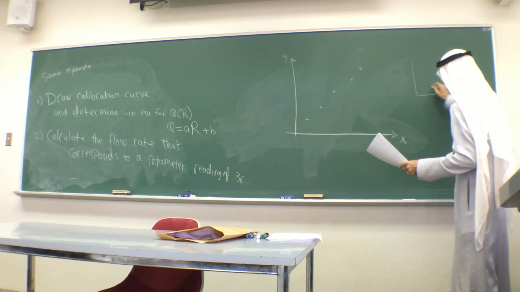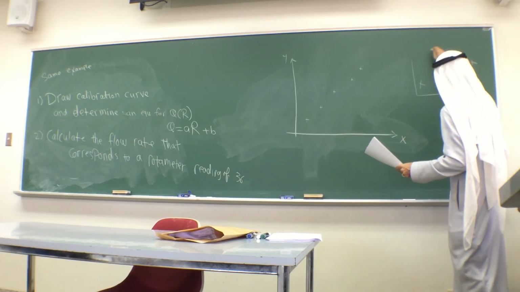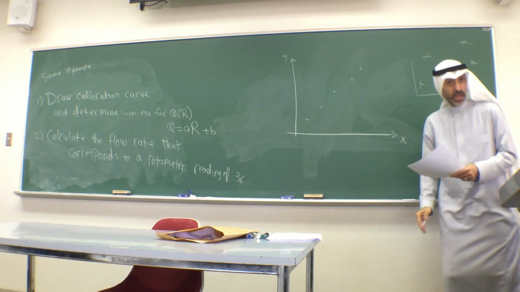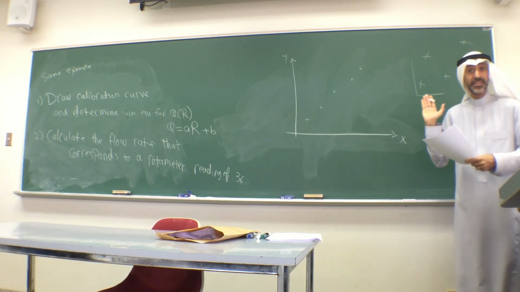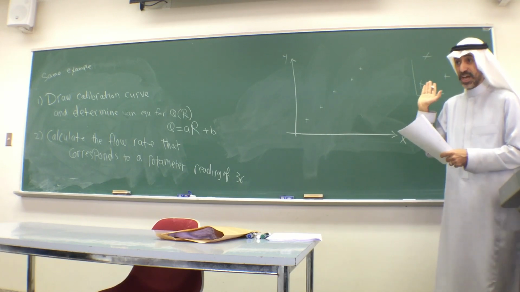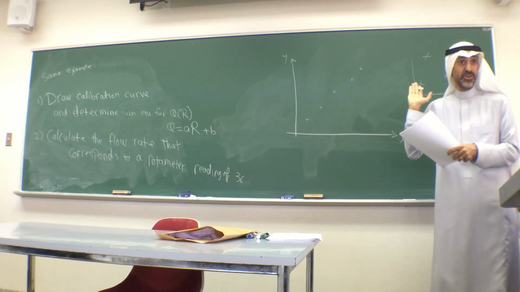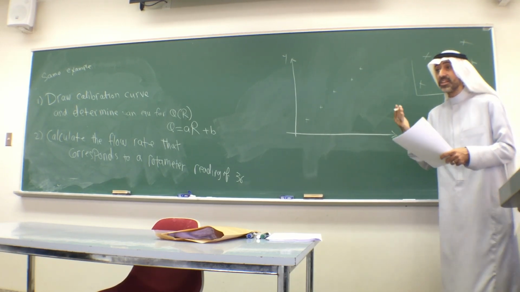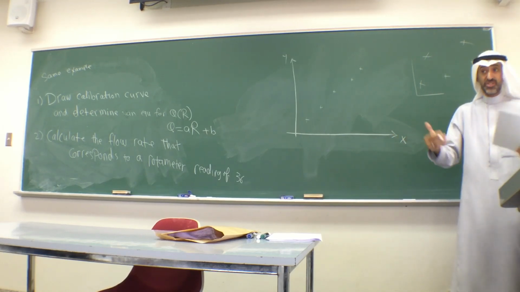Sometimes you will find the data is something like this. You can fit it, but do you think that this is a straight line in the first place? No. So you can say that the data does not represent a straight line.